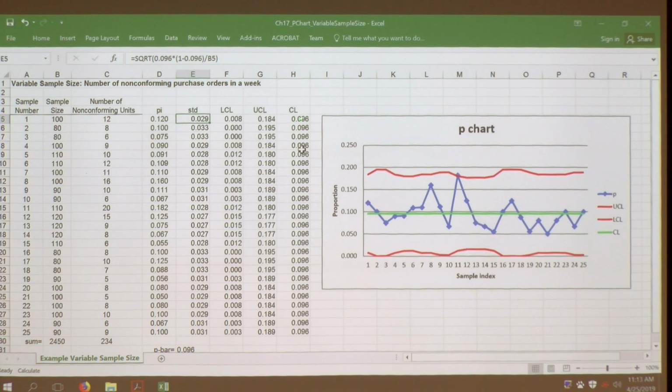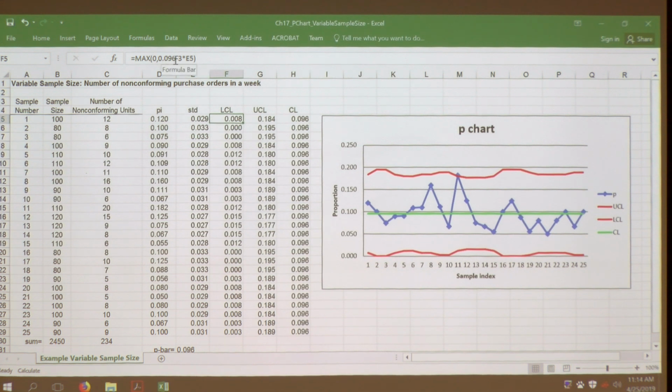So the center line doesn't change, but the lower control limit is pi minus 3 standard deviations. Upper is pi plus 3 standard deviations. Because the standard deviation changes due to the variable sample size, we will have the variable control limit. You see here, this will be the max, because the fraction non-conforming minimum is 0.